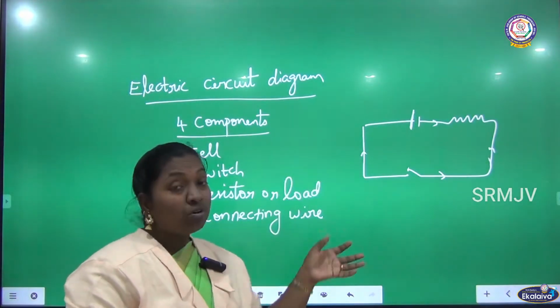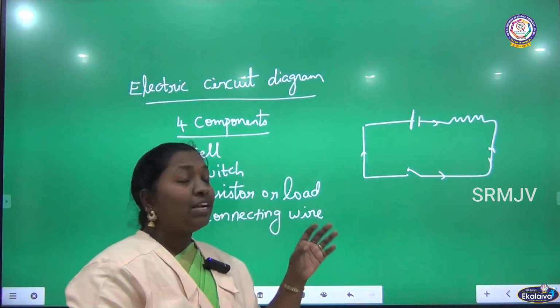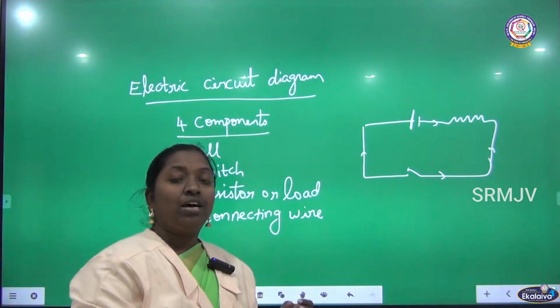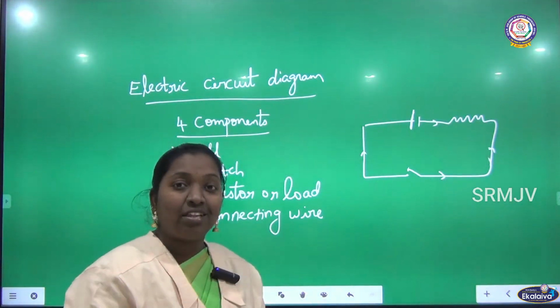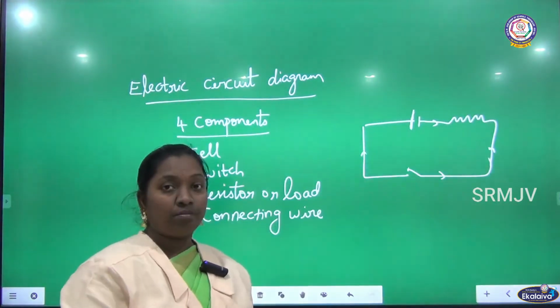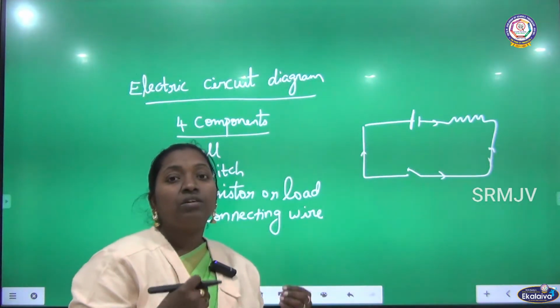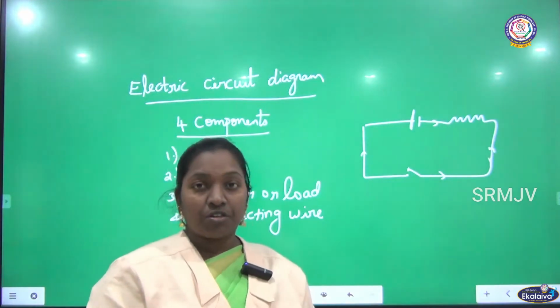So it may look simple, but it is like a sign language. Just as sign language helps us understand easily, likewise, with the help of these symbols, we can easily understand the electrical circuit components.